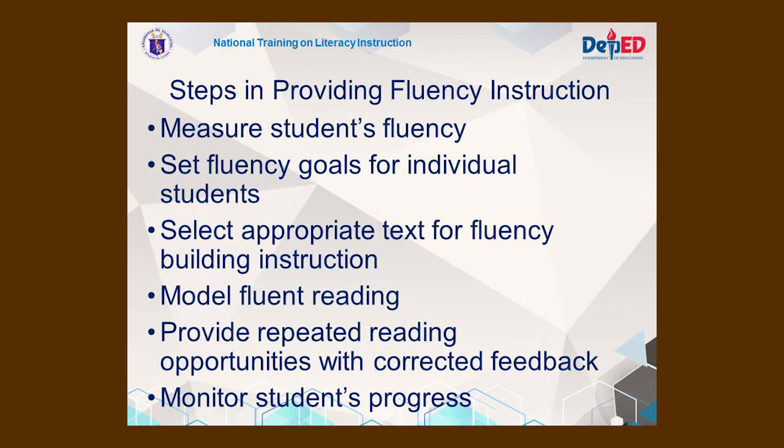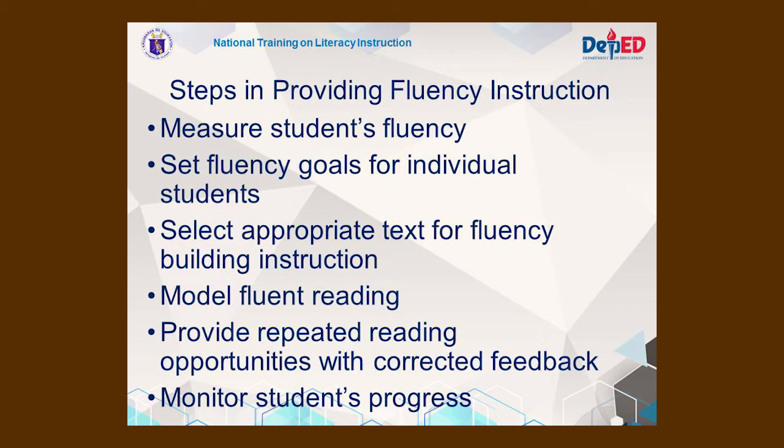For independent level on fluency ng mga bata, the child will have 1 in 20 words difficulty, 90% to 100% accuracy, and relatively easy for the reader. Yung text po, relatively easy na po sa kanila.